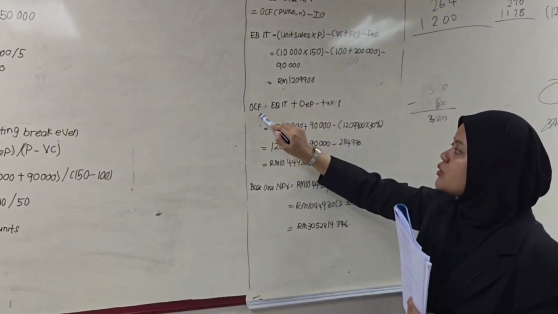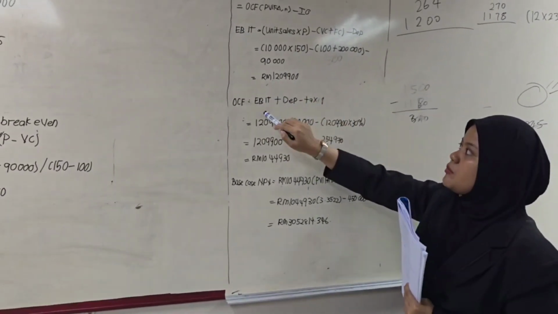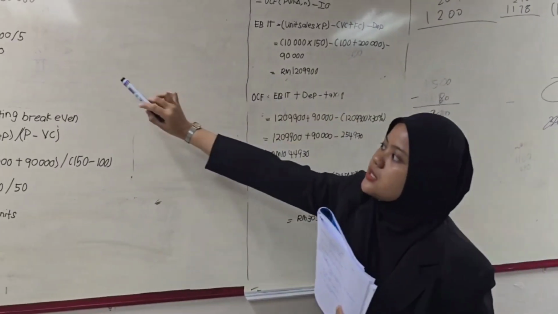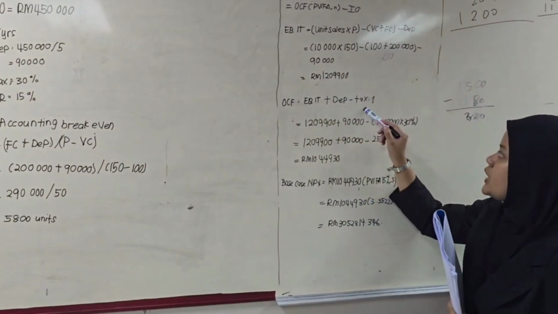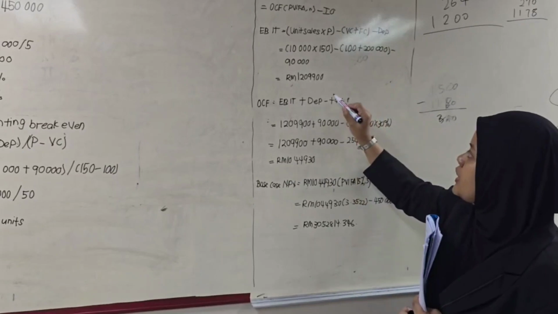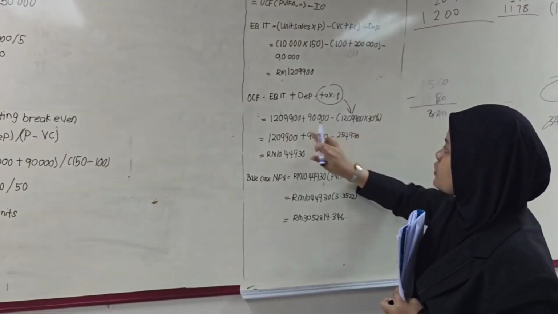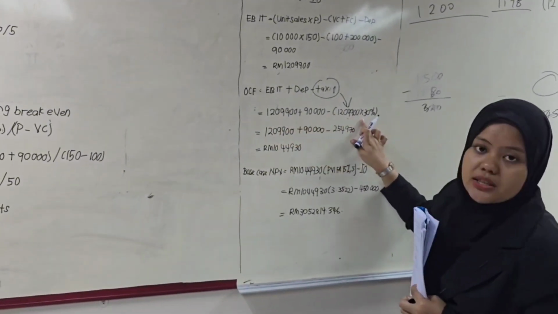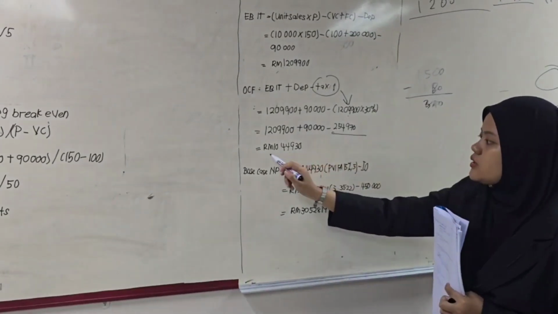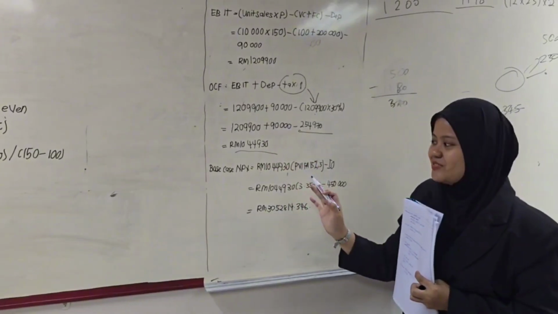Lepas tu EBIT sudah dapat, kita boleh kira untuk operating cash flow. Untuk operating cash flow, nilai EBIT tambah depreciation tolak tax. EBIT kita dapat 120,9900 plus depreciation dari sini 90,000. Dan untuk nilai tax ni dia bagi situ 30%. Jadi untuk dapatkan ini kita perlu kira daripada EBIT, which is 12099 darab dengan 30%. Masukkan dalam rumus, dapat ini dan totalnya kita dapat 1044930.